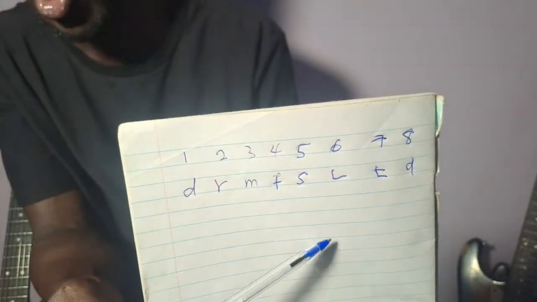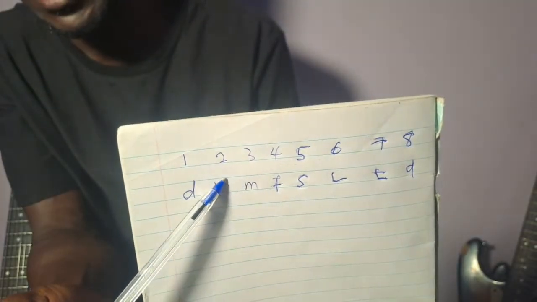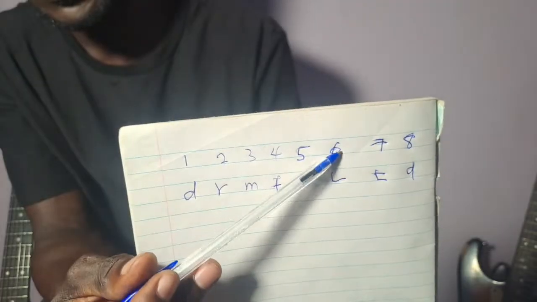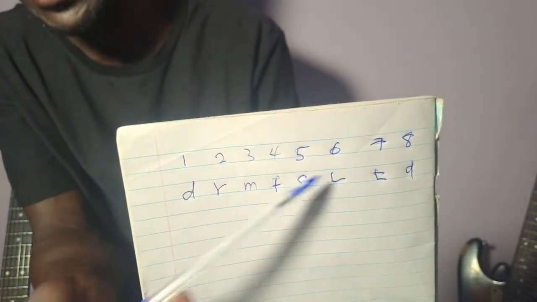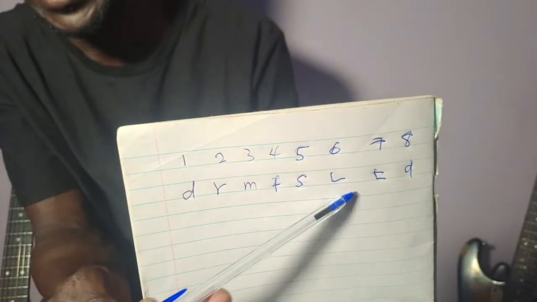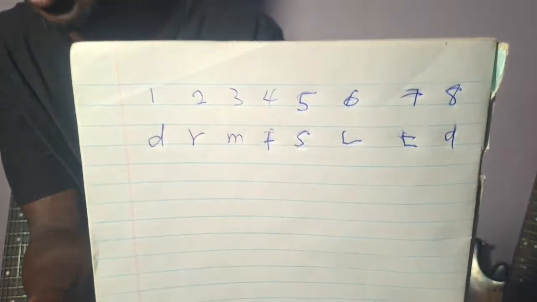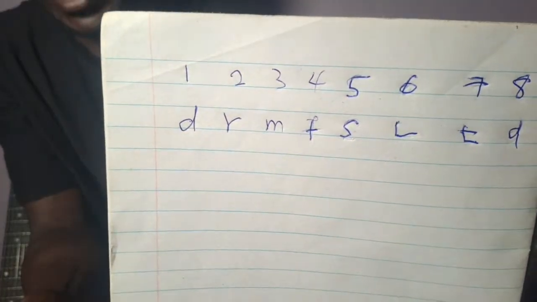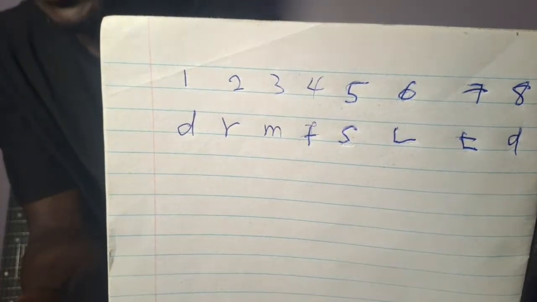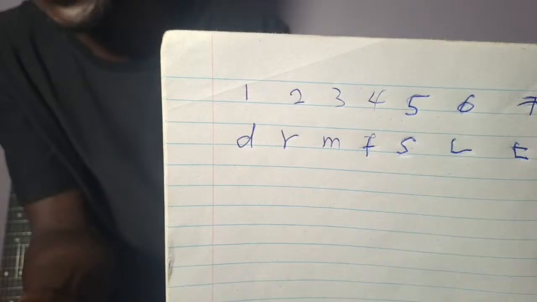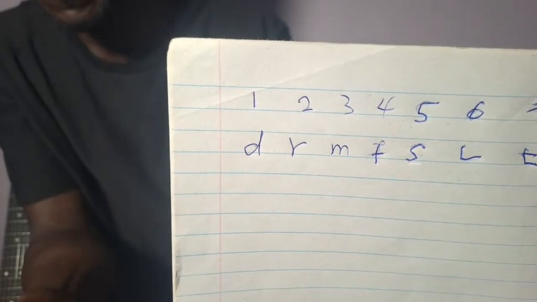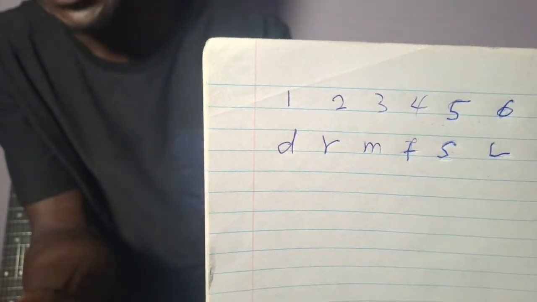You can see the Do is the same as the Do here. So 1 is the same as 8. 1 and 8, they are the same. So zooming closely to the camera, you can see clearly the 1 and 8, they are the same. So write these notes down.